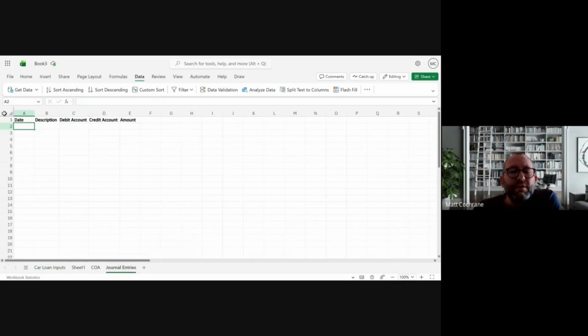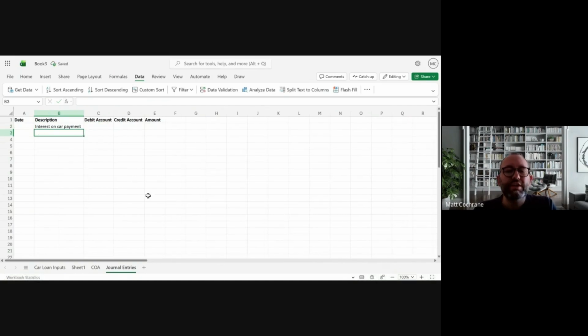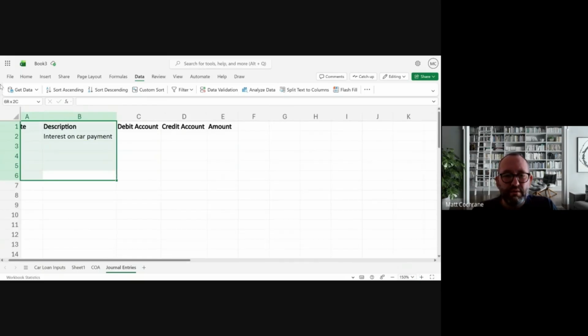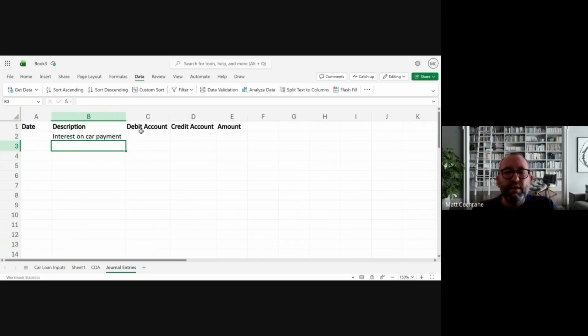So if we come to our journal, we're going to put in our description the first component, which is the interest on car payment. This is just the description. And let me just make this a little bigger. There. So the interest on the car payment, what's going to be impacted?